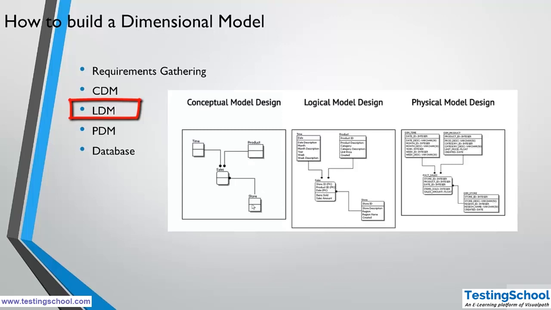Now, as you can see the difference in the image itself, on the conceptual model you have the top level entities. As we move on to the logical model design, we have described what the attributes should be. We didn't go to the technicalities yet, but we just mentioned what things are required at the granular level for each of these entities, right?